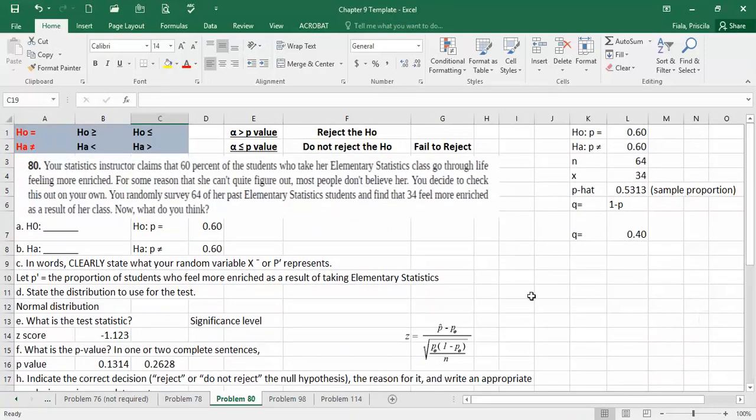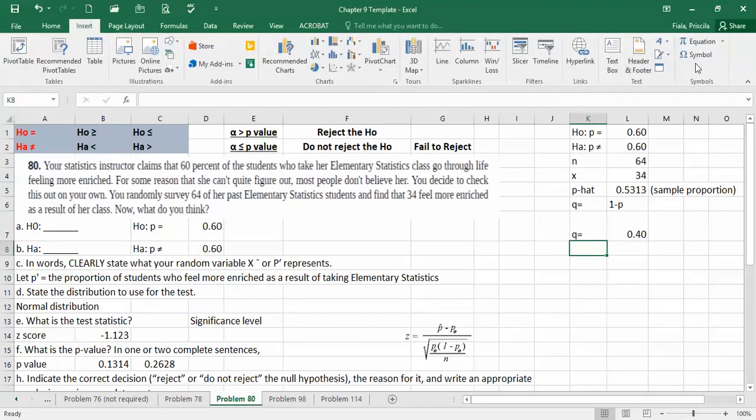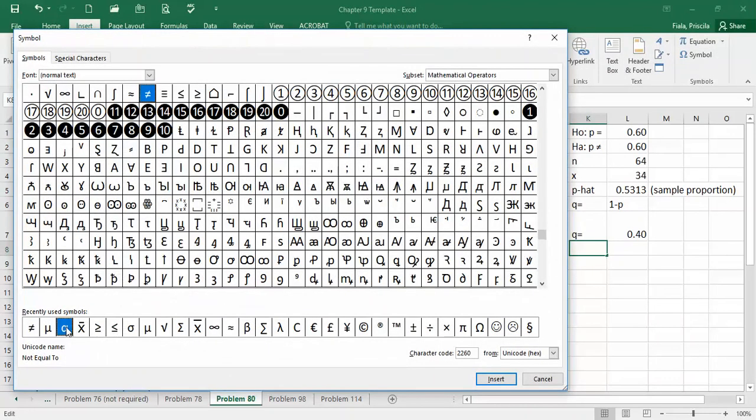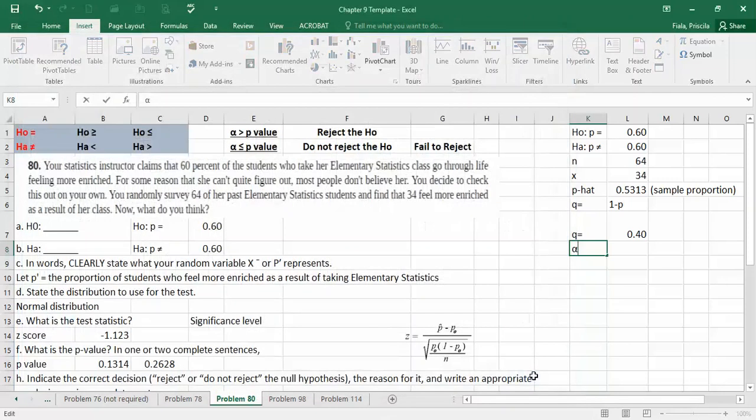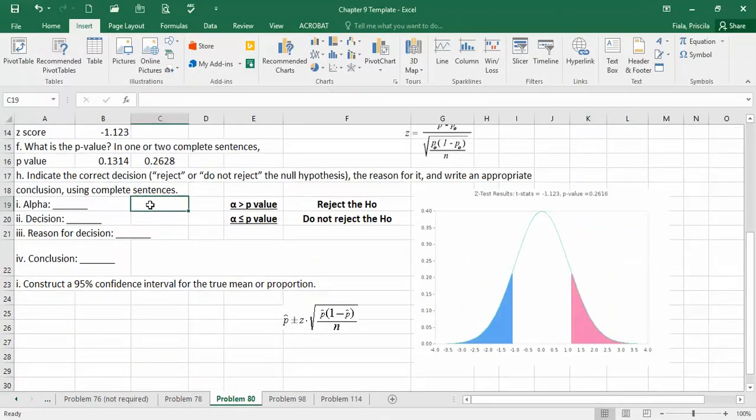Well, right here, you're not being provided the alpha at all, correct? So again, anytime a hypothesis test does not provide you the alpha, you automatically use 0.05 as a default. So your alpha, we're going to use 0.05. Your decision, well, let me make my decision.